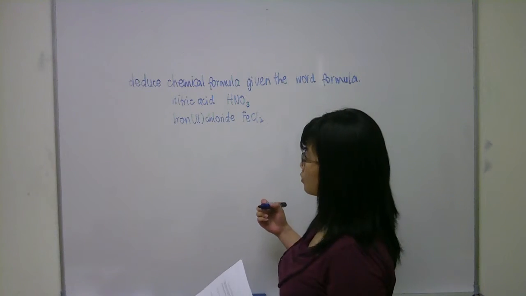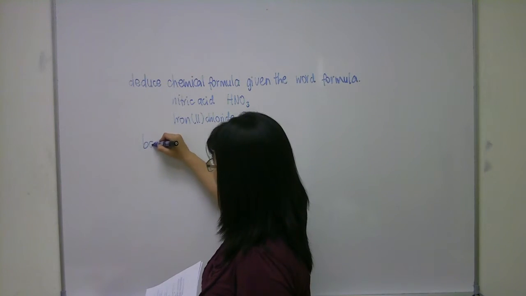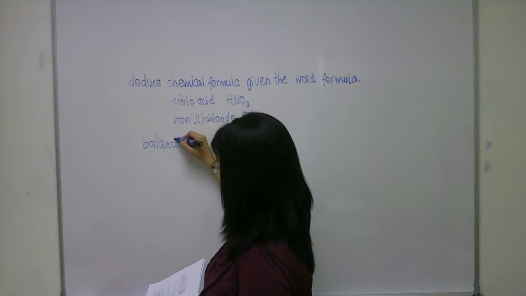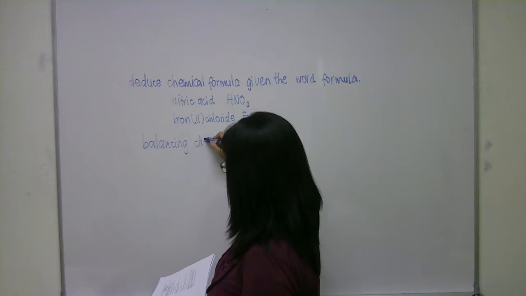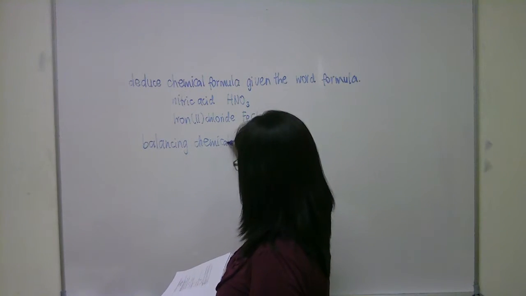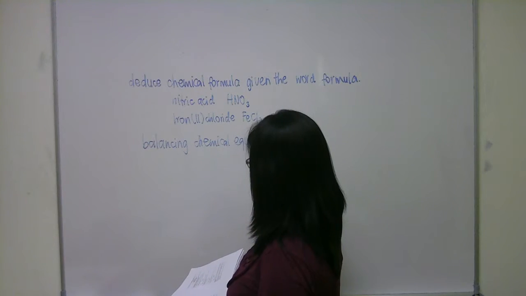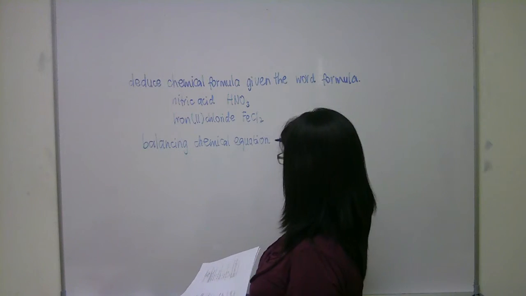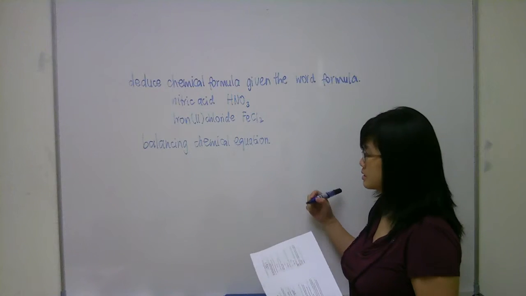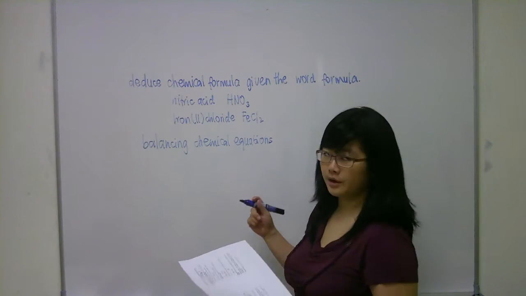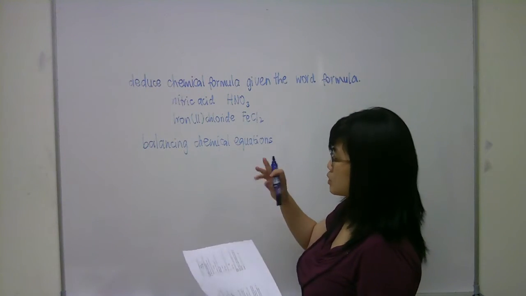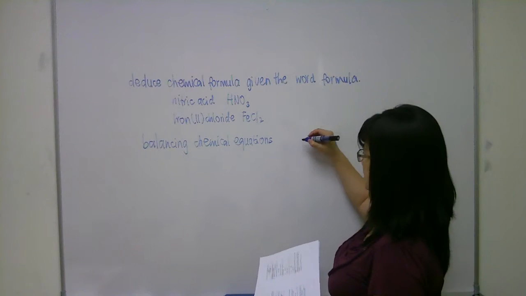The next thing that they need to be able to do is balancing equation. Okay, for normal chemical reactions, they should have done it earlier. But in IB, there is one part that is probably new to them.